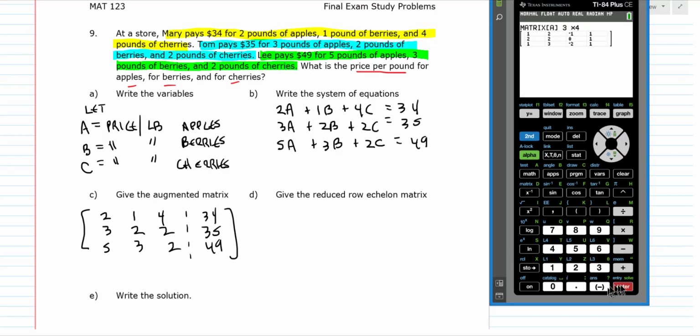This is a 3x4 matrix. First row is 2, 1, 4, 34. Second row is 3, 2, 2, and 35. Next row is 5, 3, 2, and 49. Okay, so that's the matrix, which is now put in.